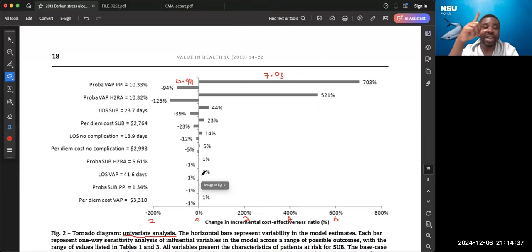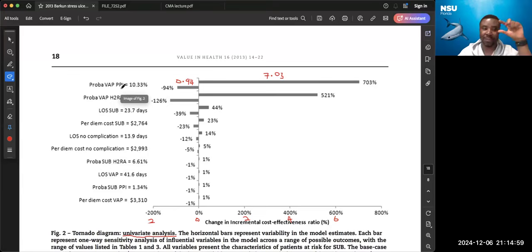In one-way sensitivity analysis, all that we do is take just one variable, keep the rest constant, and then vary that variable. For example, this first one here, they took the probability of the PPI causing ventilator-assisted pneumonia.